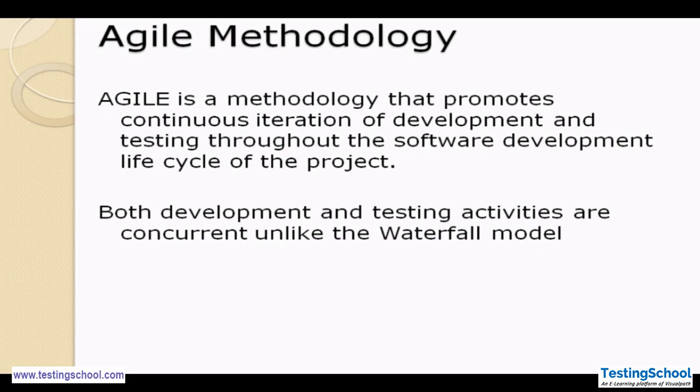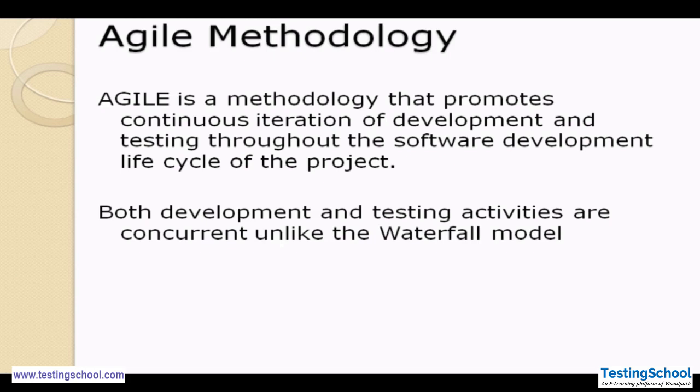In traditional models, like the waterfall model, we cannot take changes in the middle of the cycle or in the middle of testing. But in the agile model we can take changes or new requirements at any point of time in the development phase or in the testing phase.